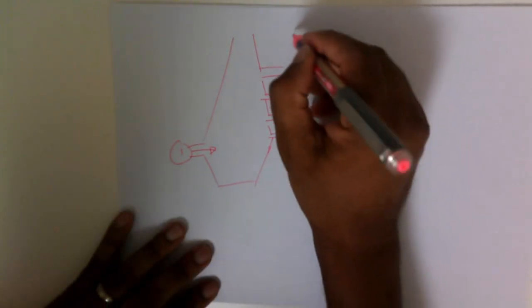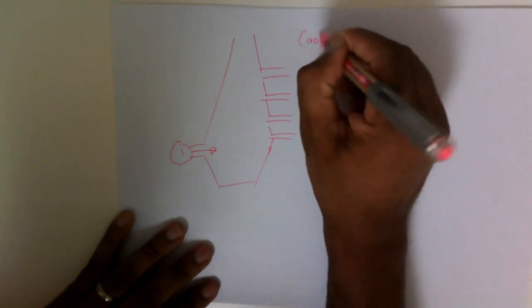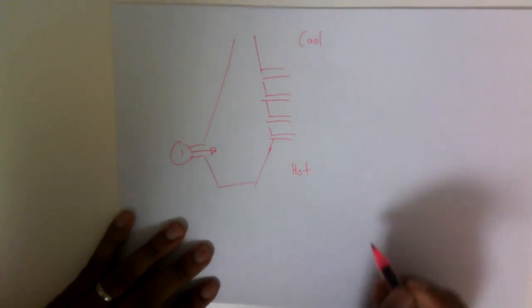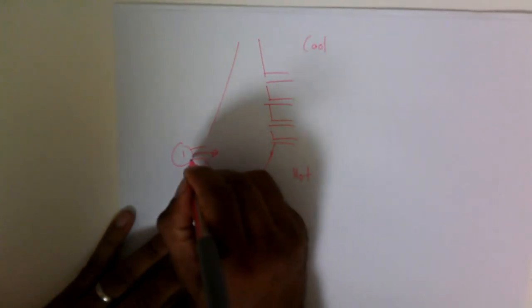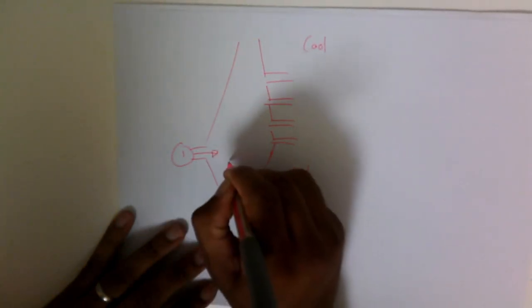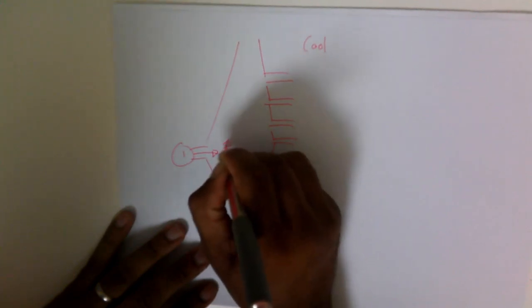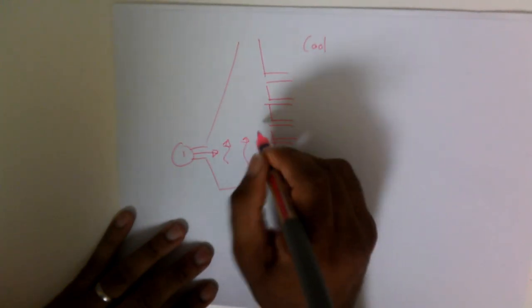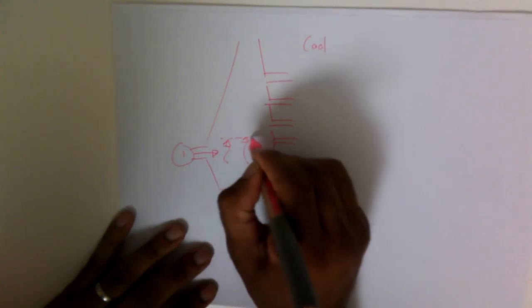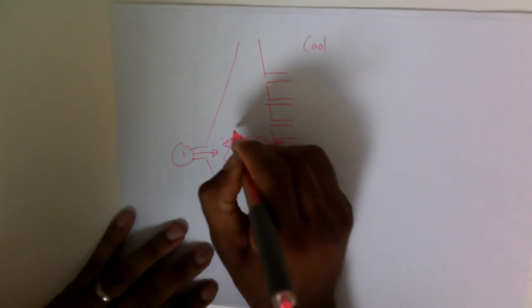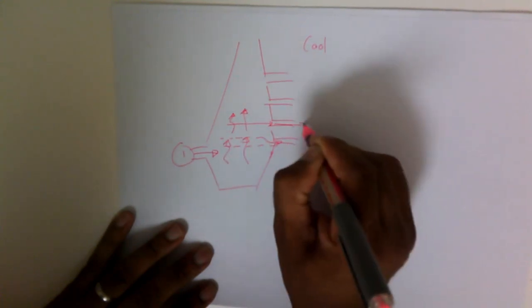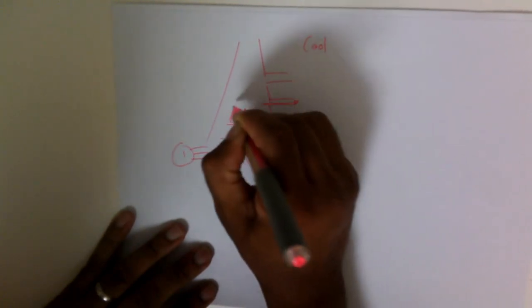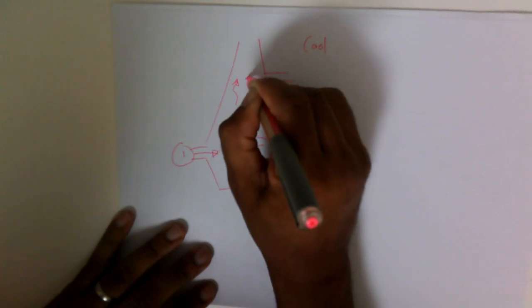What you've got is cool temperature there, high temperature there, so there's a temperature gradient, and as the crude oil, which is a gas, goes in, it starts to move up, and as it moves up it starts to condense at different temperatures, and then it will liquefy, and then it will come off at different fractions depending on which temperature it condenses.